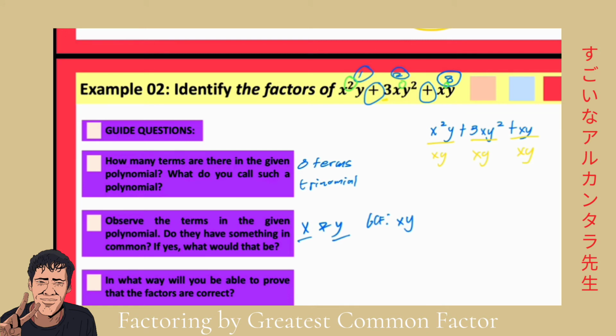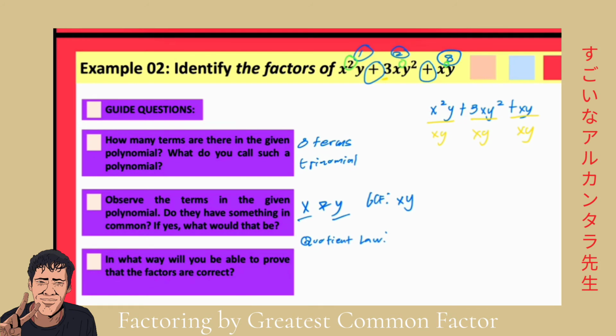Now, one of the things that I would like you all to remember is the concept of the quotient law. Why are we discussing the quotient law in the middle of a solution? Because I would like to make sure that all of you know how to divide monomials or variables in this case. For example, you have x squared divided by x.